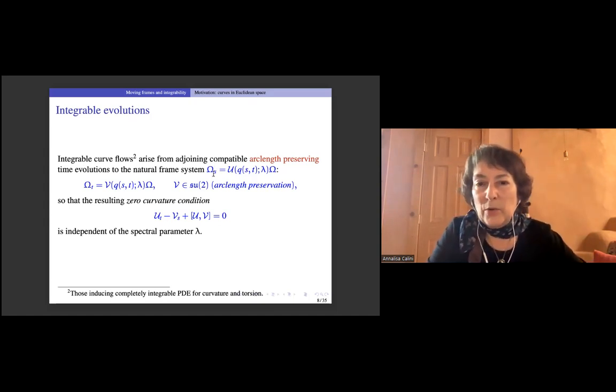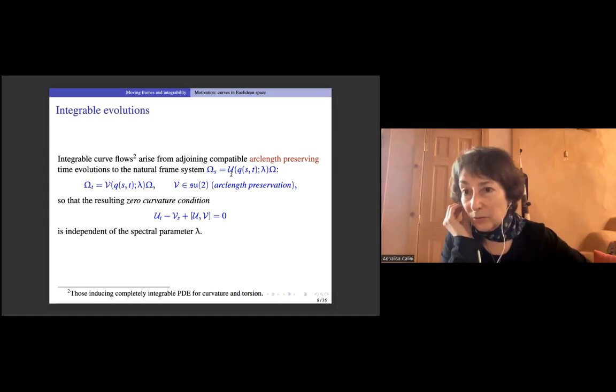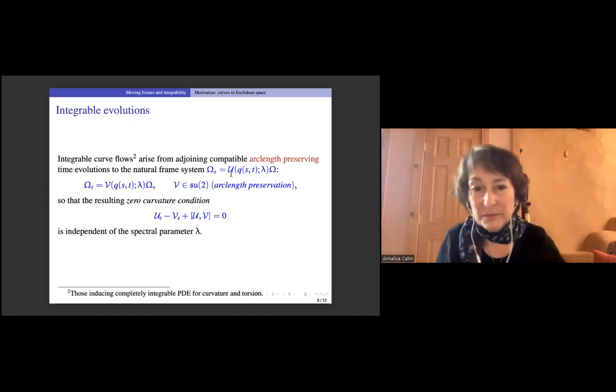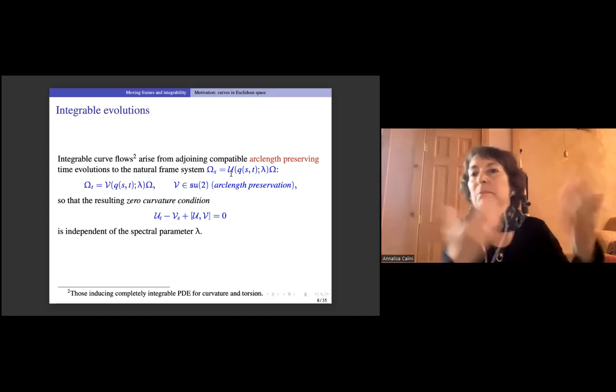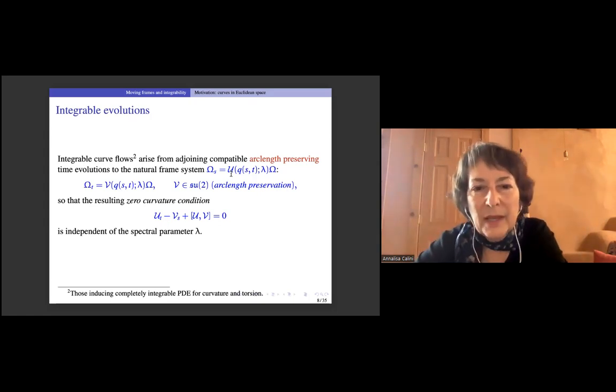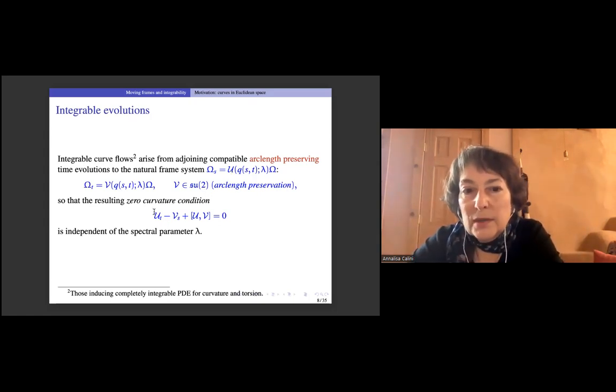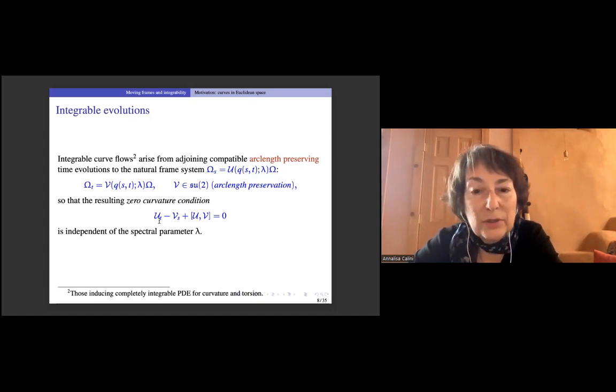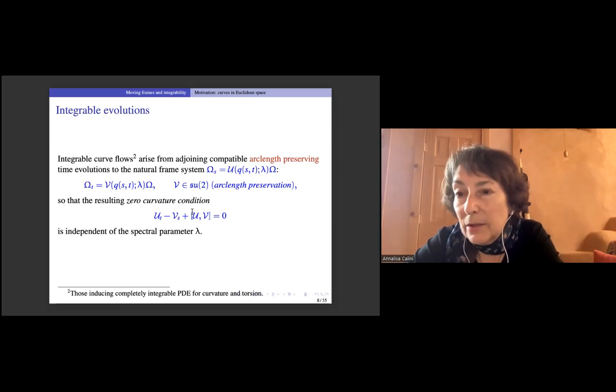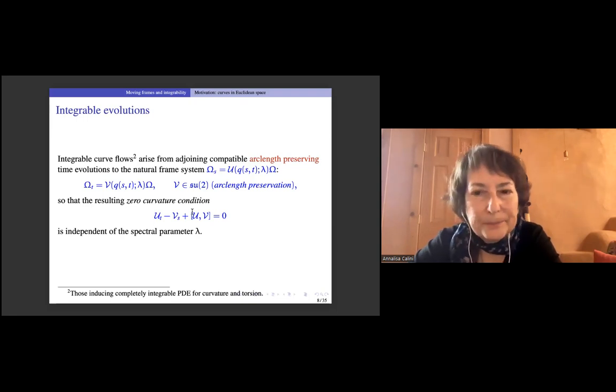And when we look at these two systems, we want them, number one, to be compatible. So we want to have a common solution. So in other words, mixed partials commute, if you wish. But also we want the compatibility condition, or zero curvature condition, to be independent of the parameter lambda, which is the spectral parameter in your AKNS system.